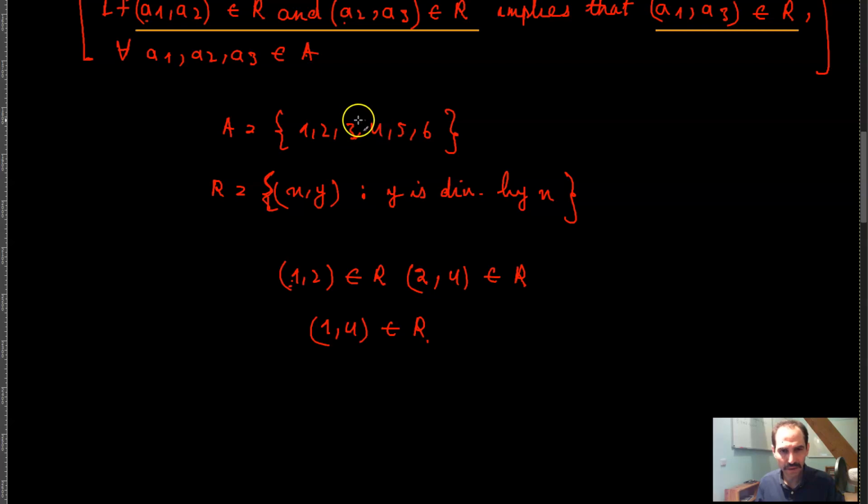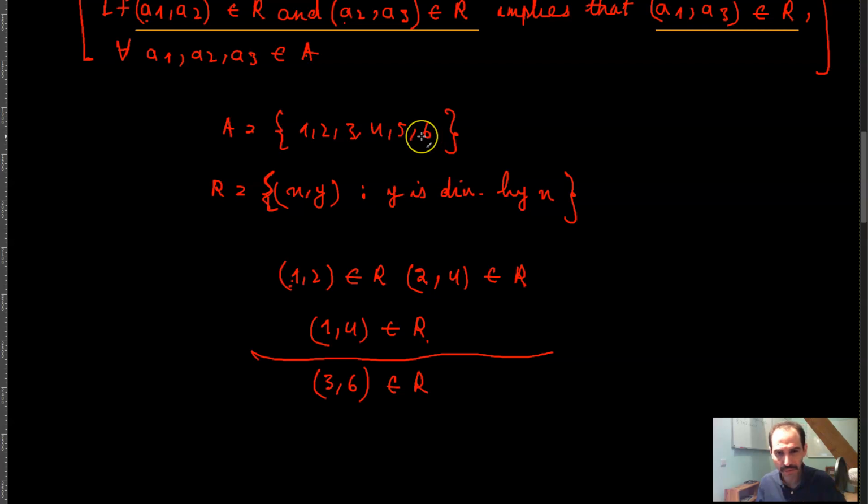And let's see what happens, for example, with 3 and 6. So you can see that 3 comma 6 does belong to R, right? And then 6 comma, now there is no case there, because I have no numbers past 6.